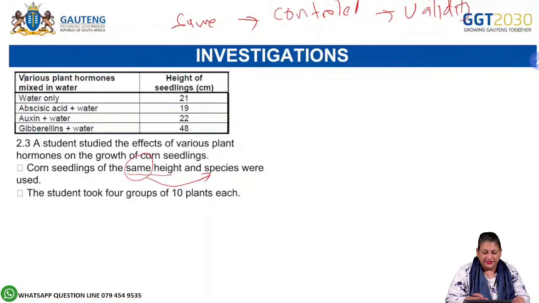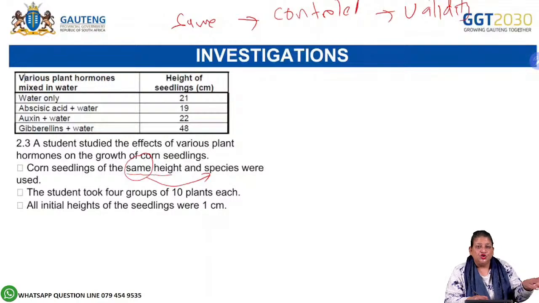Right, now that you understand that one, all the initial heights of the seedlings were 1 centimeter. So when he started off the investigation, all of them had the same height. Is that important? Yes. So that should there be a difference in height, it must come from the experiment. Not you having one is 1 centimeter, the other one is 2.